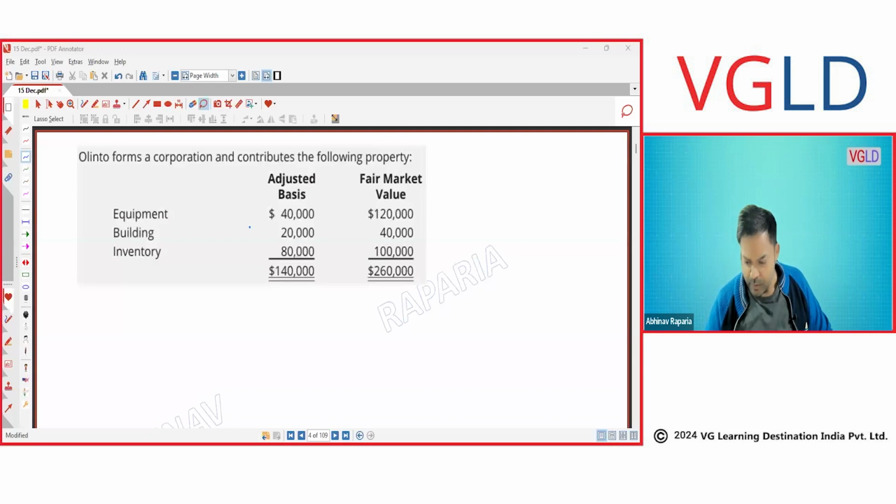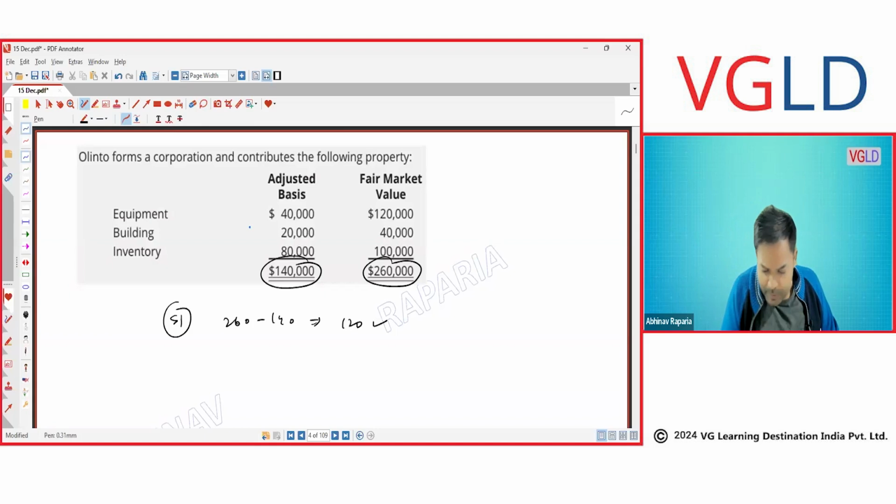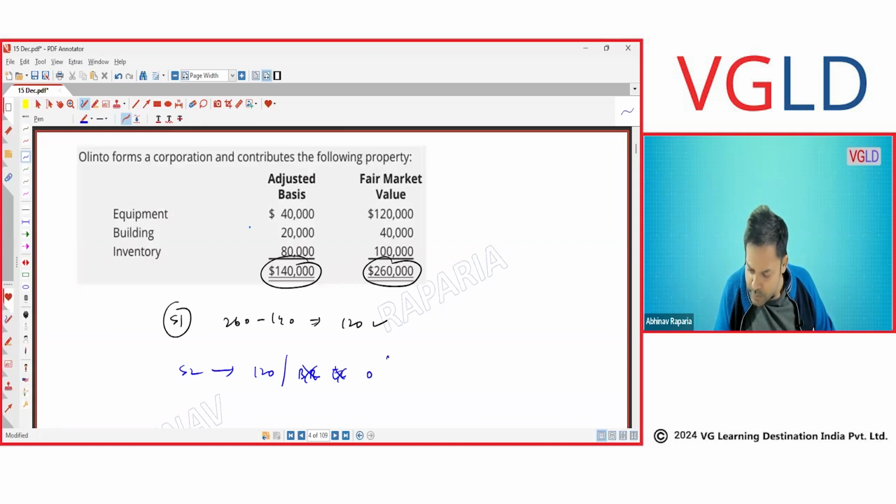Correct. Looks correct to me also. Step number one. Step number one is this minus this. 260 minus 140. So this is 120. Correct. Step number two, which is 120 or no boot received, no excess liability. So zero. Lower is zero.